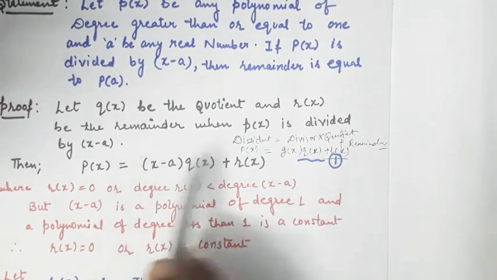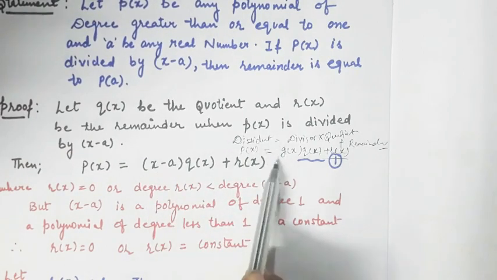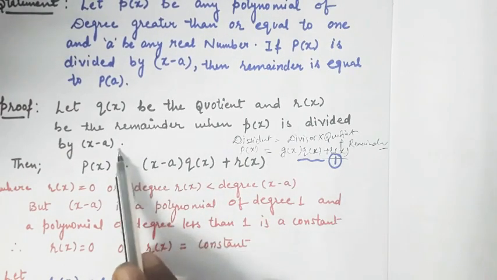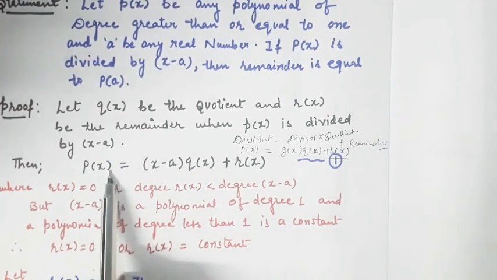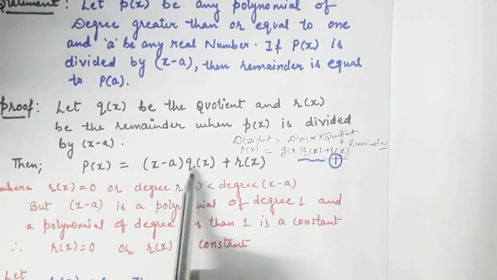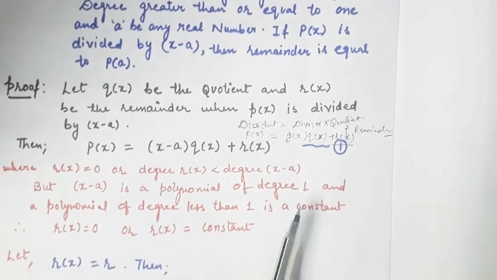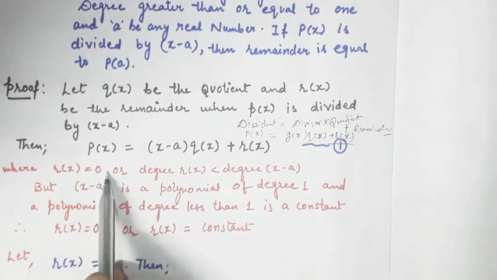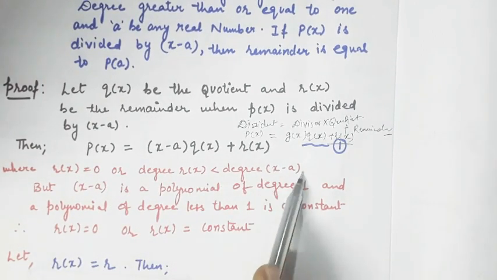Here I have replaced g(x) by x minus a in this expression. So I get p(x) equals (x minus a) q(x) plus r(x), where r(x) is equal to 0 or the degree of r(x) is less than the degree of x minus a.